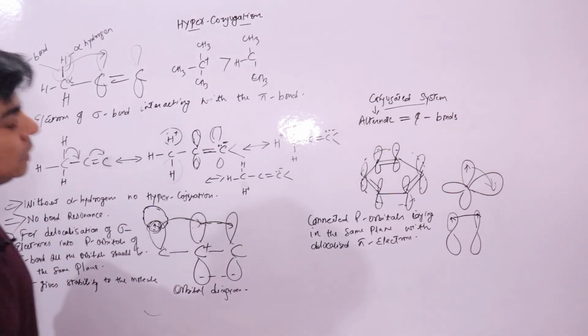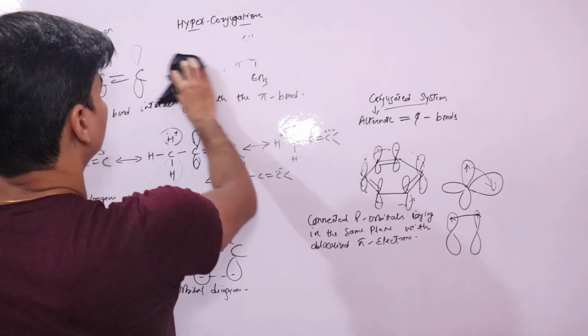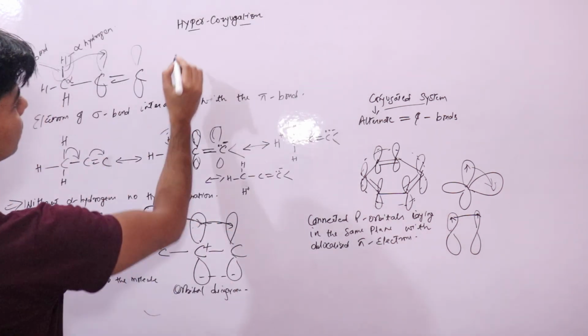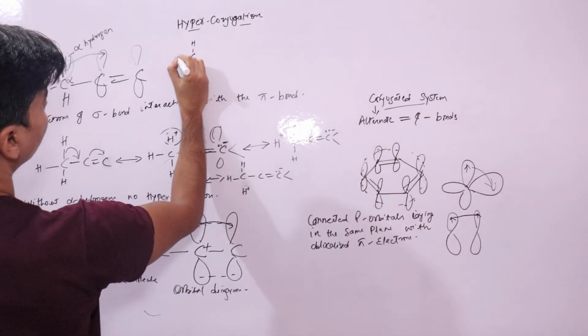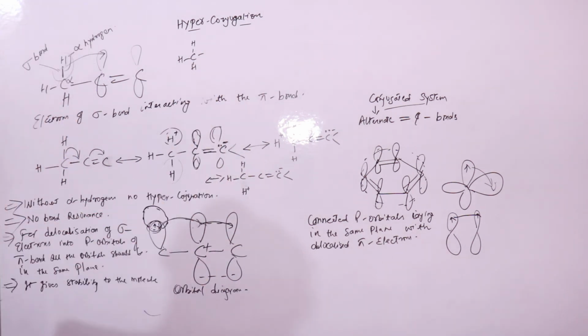Sorry, this is not the correct order. If you have this kind of system, this will show maximum hyperconjugation activity, where you have 3 CH bonds, and this will decrease in this order.